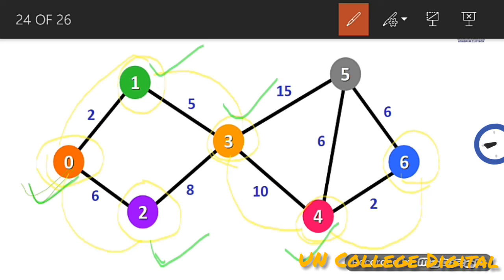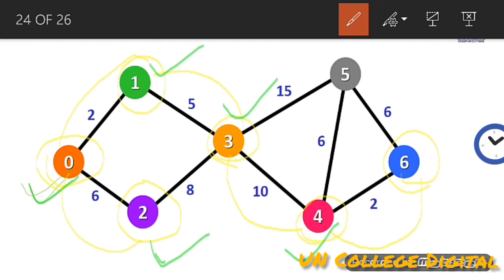Here is one interesting concept: sometimes you may get the values of a number of different edges which are the same. At that time we will select any one, no problem. Either you select 4 to 5 or 6 to 5.